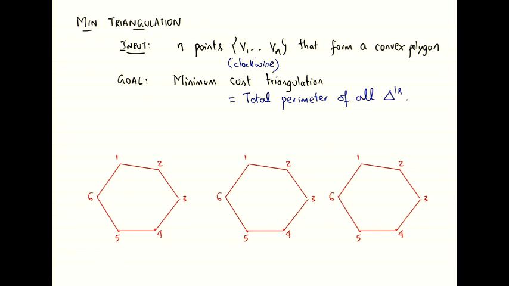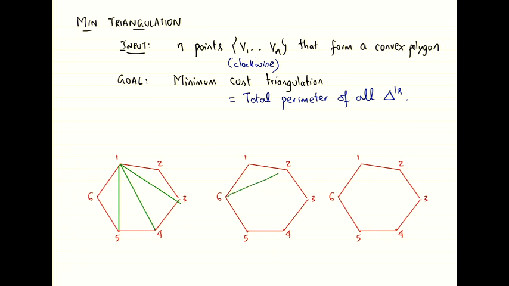Okay, so for example, your input could look like this polygon here. It's a hexagon. And you could triangulate it in many ways. So a simple triangulation would be that, which is one way to divide it into triangles.